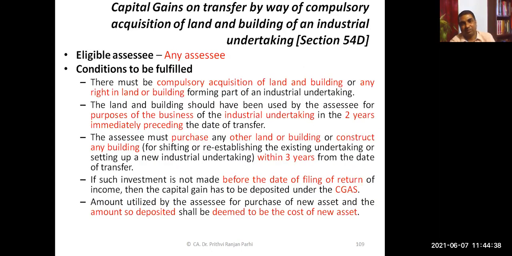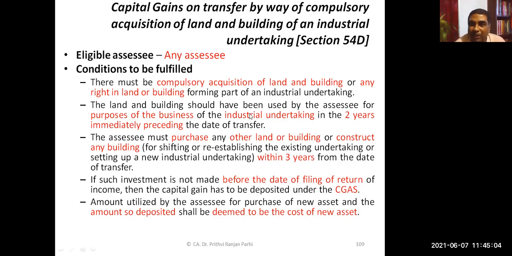Now, we'll learn the next point. This is the capital gain on transfer by way of compulsory acquisition of land and building in an industrial undertaking. And as you can see, this exemption is allowed to any assessee. The previous two sections were only for individuals and HUF.